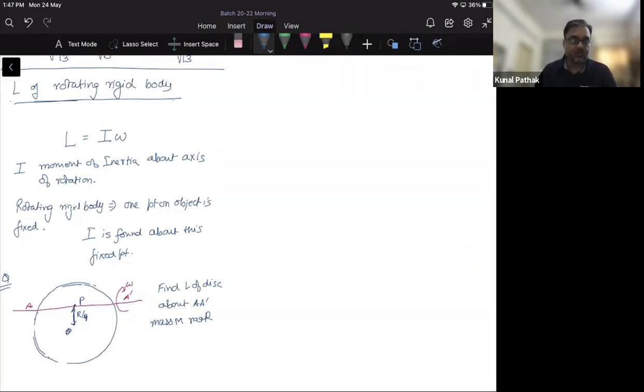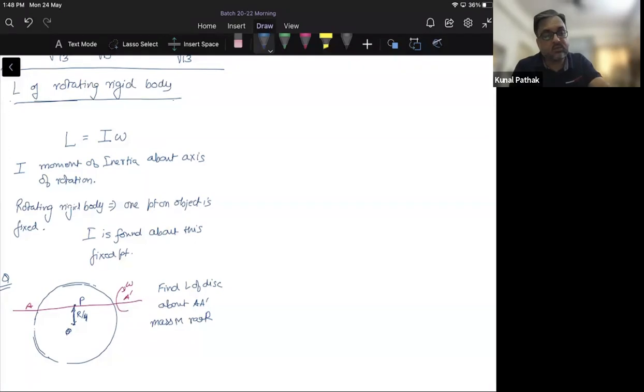Very good, Radhika. बिल्कुल सही. हाँ बिल्कुल सही.